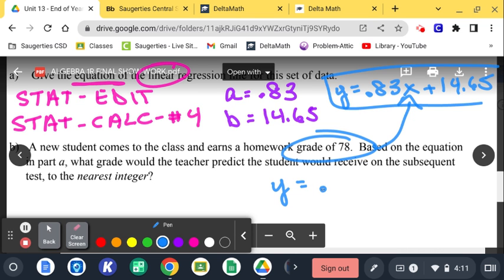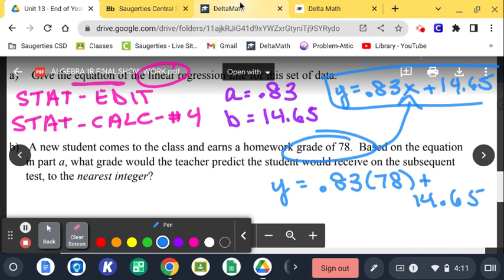Y equals 0.83 times 78. Make sure you plug this in. Show your work. If you don't show this, you're not getting full credit on this. And then we have to actually calculate this.